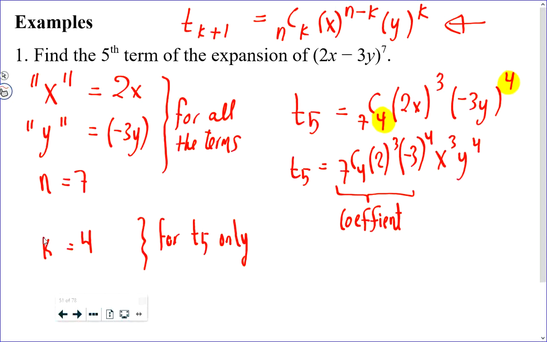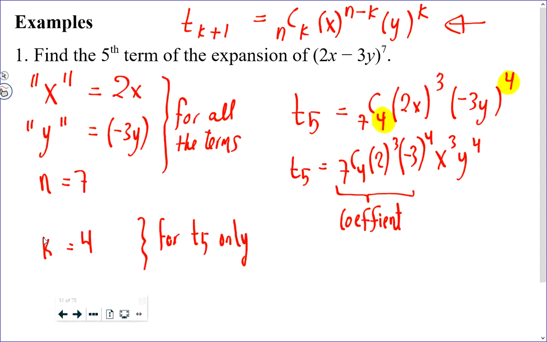So when you take a look at that 2x, that 2x is in brackets raised to the 3. That means 2 has to be raised to the 3 and x has to be raised to the 3. The 2 raised to the 3 is going to be a number, so I've moved it out in front as part of a coefficient.